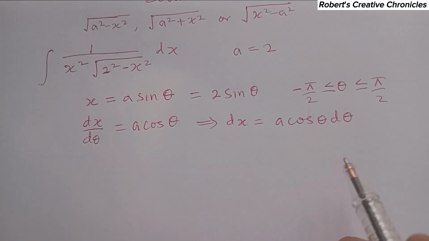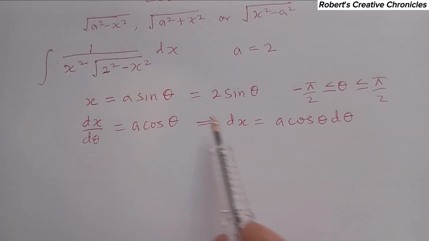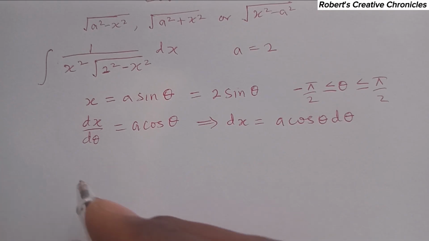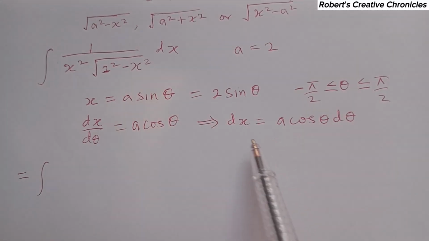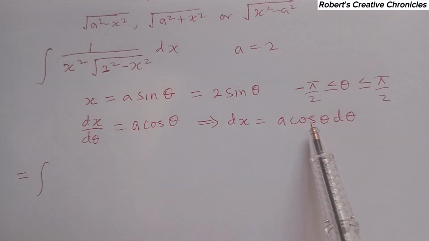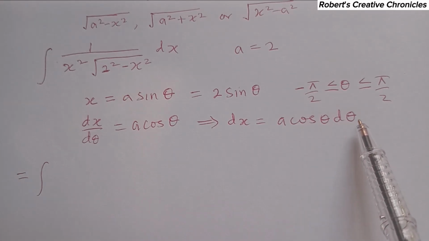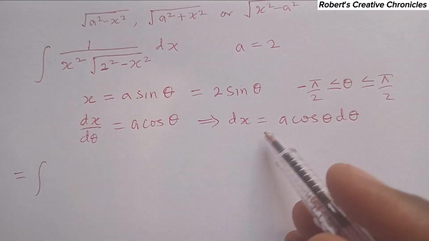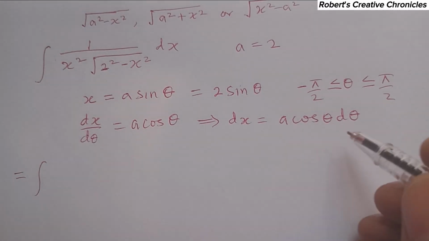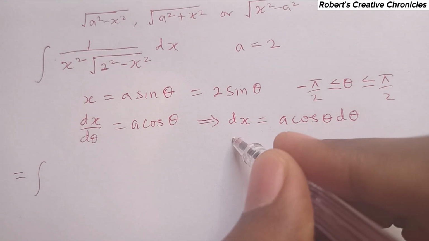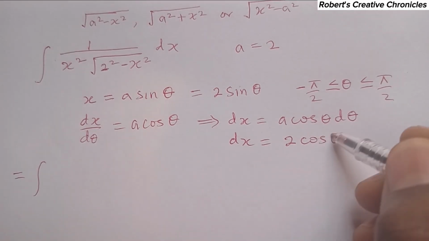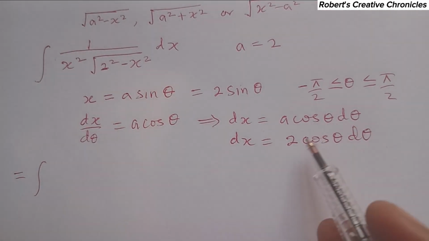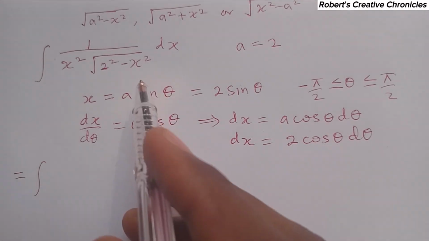Now we know the value of a here, so we can rewrite this as dx is equal to 2 cos theta d theta. So we can substitute now.